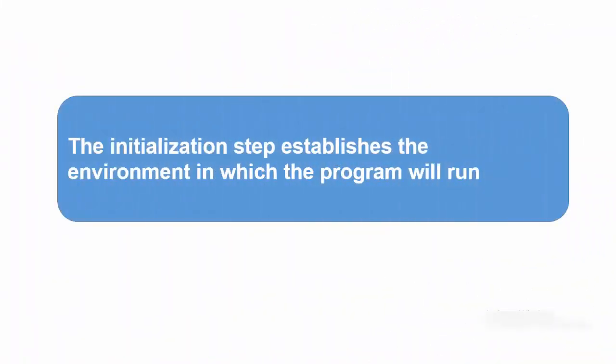The purpose of the initialization step is to establish the environment in which the program will run. The initialization step does whatever background preparation must be done before the program can begin execution to solve its primary task. For example, in Excel or Word or a similar program, the file command frequently has a list of most recently used files.